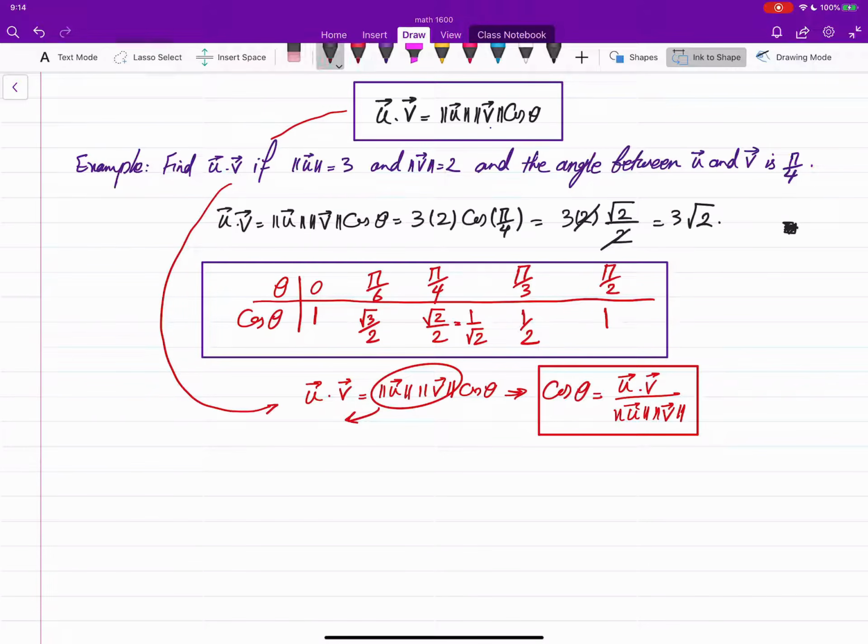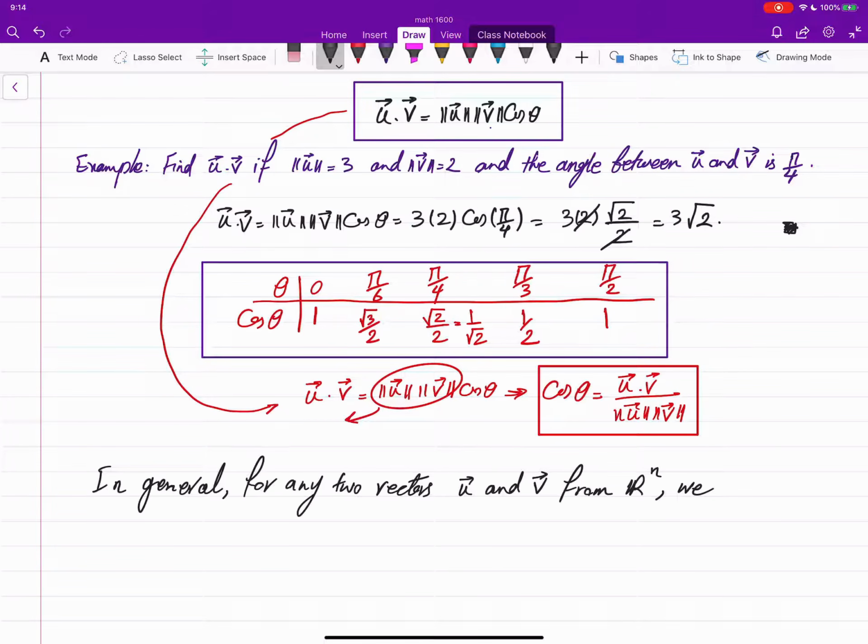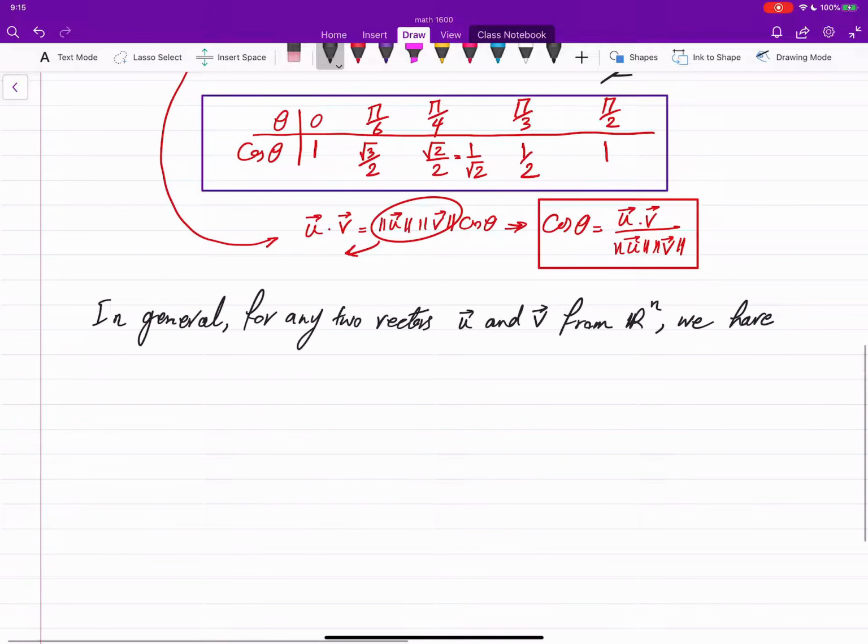So in general, for any two vectors u and v from Rn, your book says we define the angle between them as follows: cosine of theta, the angle between these two, is given by u dot v over length of u, length of v.